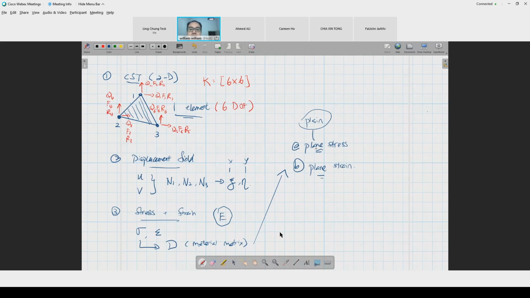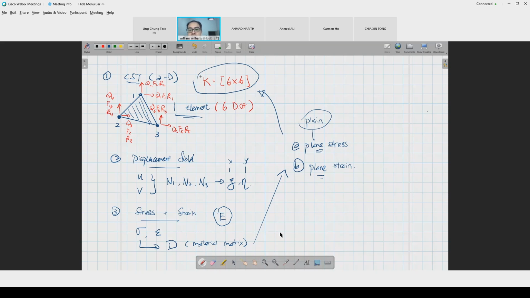The next thing that I always see students make mistakes in is the plane stress, plane strain assumption. If you get your plane stress and plane strain assumption wrong, it will automatically mean that your stiffness matrix will be wrong. For those who have gone through the notes, the components of the plane stress and plane strain matrix will show up in your element stiffness matrix.